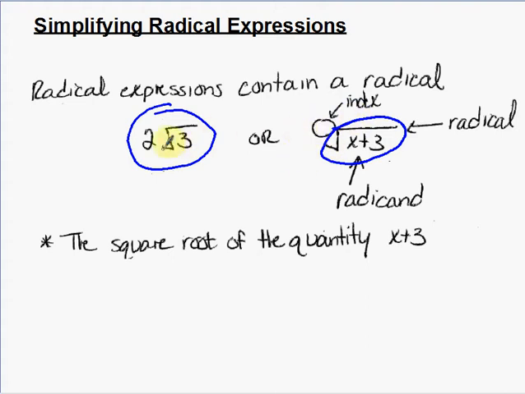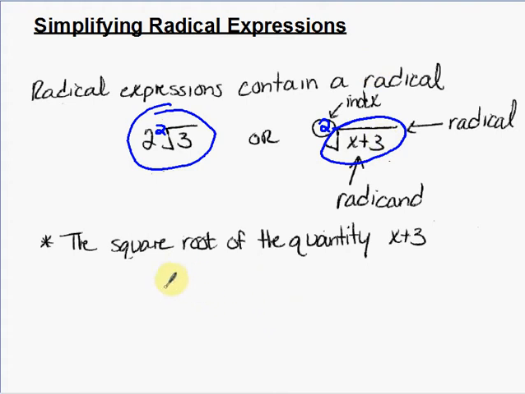Both of these radical expressions have something in common: the index on the radical is a 2. The index goes right there, a little 2. I didn't have it written initially because if the index is not written, it's automatically assumed to be a 2. If it is written, then it's going to be something other than a 2.